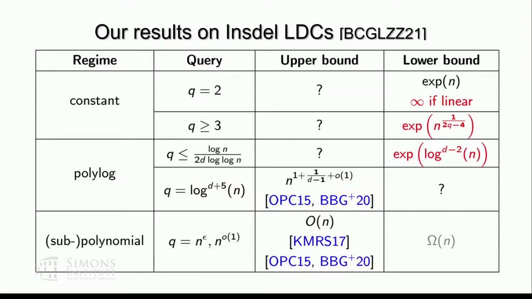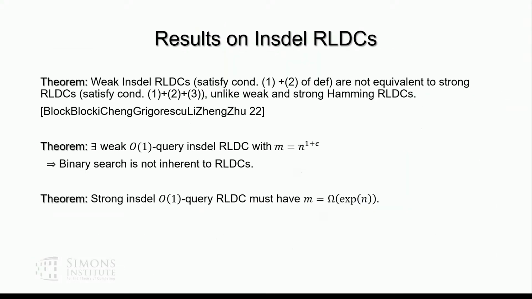That's one of our results. And in general, we reproved the inherited lower bound from the Hamming case of exponential in code word length. So these extend to exponential lower bounds for constantly many queries, and even to the regime of about log n over log n. Anyways, these are the first results about locally decodable insertion deletion codes with constantly many queries.